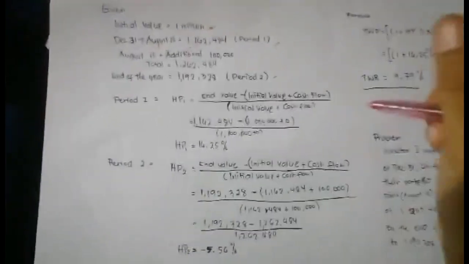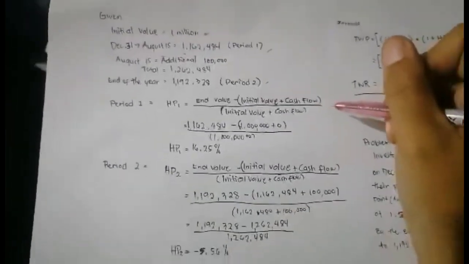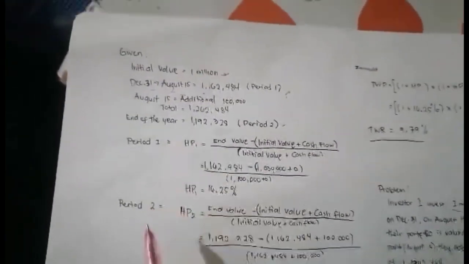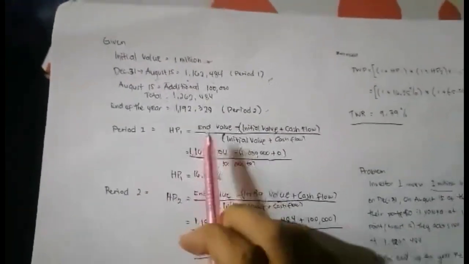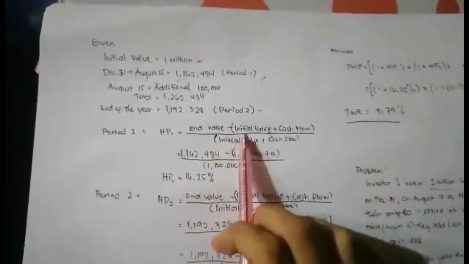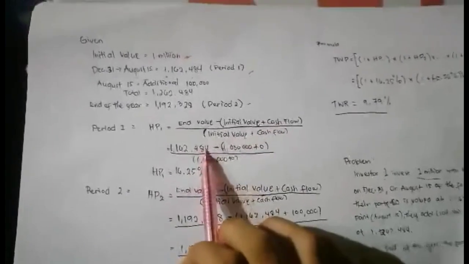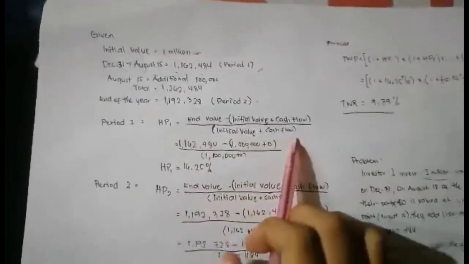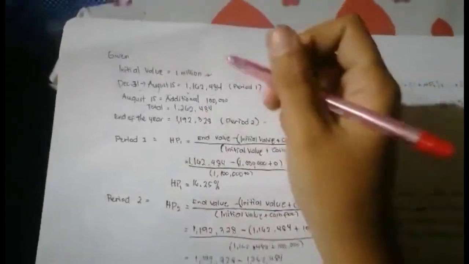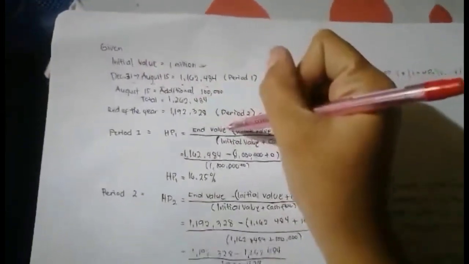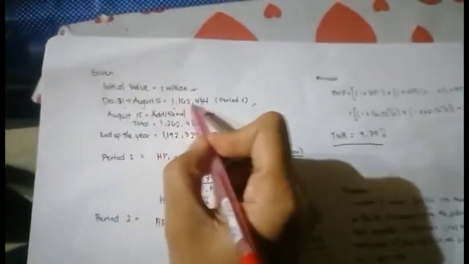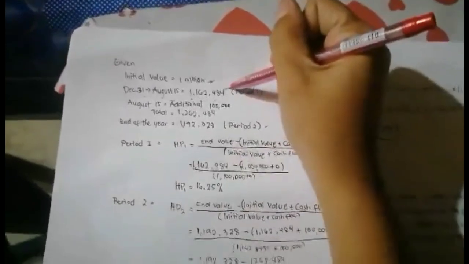So the formula for the sub-period is here, for period 1 and period 2. The formula is the end value minus the initial value plus the cash flow, divided by the initial value plus the cash flow. So here the end value of period 1 is 162,484, this one.